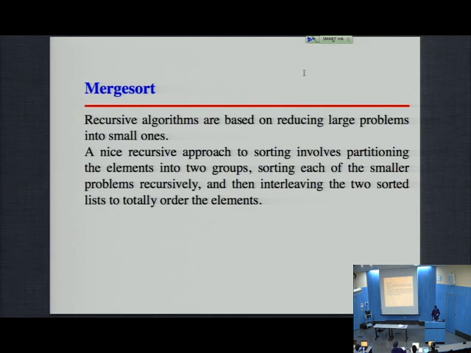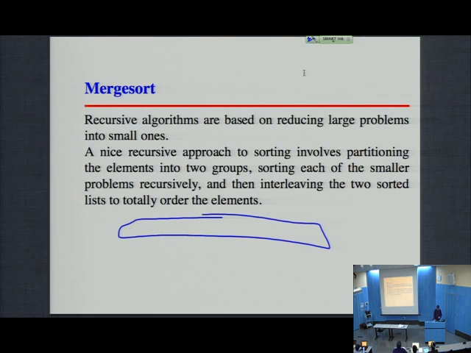And so for sorting, Mergesort is based on the idea that if I am given a lot of elements to sort, I will break the thing arbitrarily in half. If I have n elements to sort, I will first sort all of these elements in decreasing order. I take my second half of the elements and sort them.